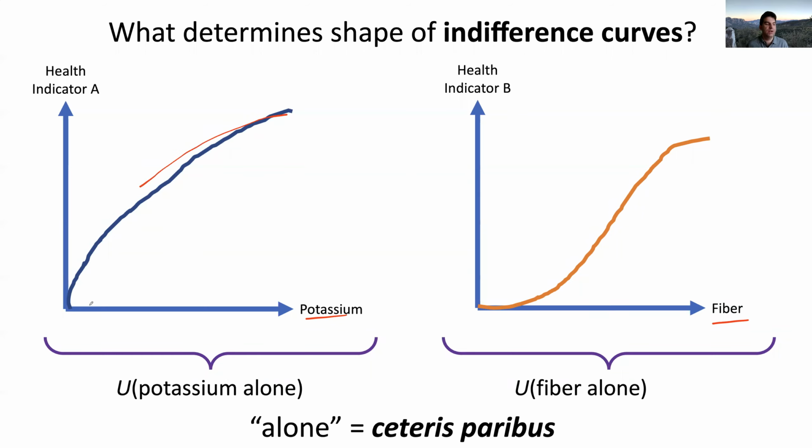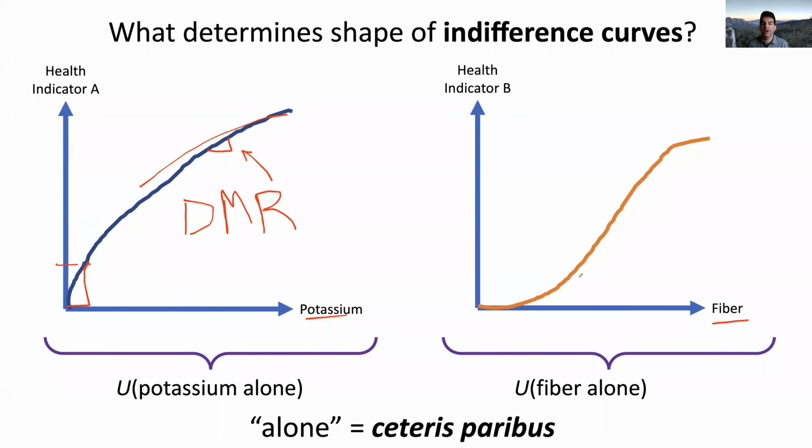So a small increase in fiber when you have no fiber gives you a big increase in utility. But if you already have a lot of fiber, that same small increase in fiber gives you only a small increase in utility. So this one clearly has diminishing marginal returns. I'll just say DMR, diminishing marginal returns.